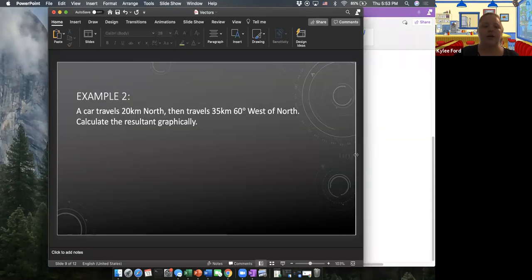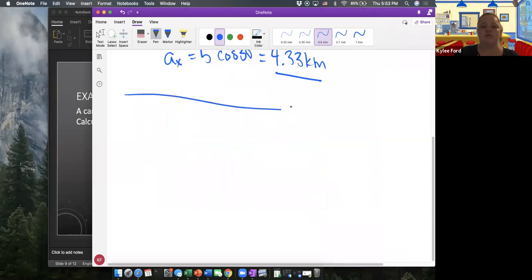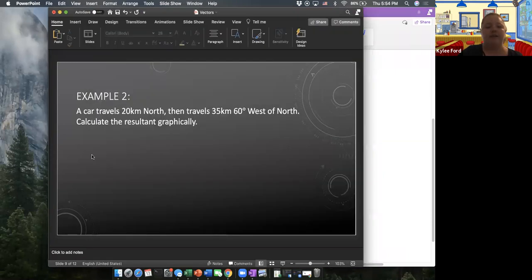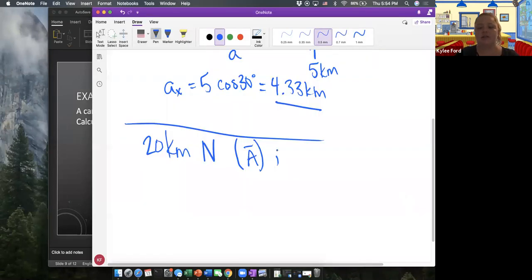Again, we have 20 kilometers north, and we can call this vector A. Start designating. And then the next one, it travels 35 kilometers at 60 degrees west of north, and then we can call this B.